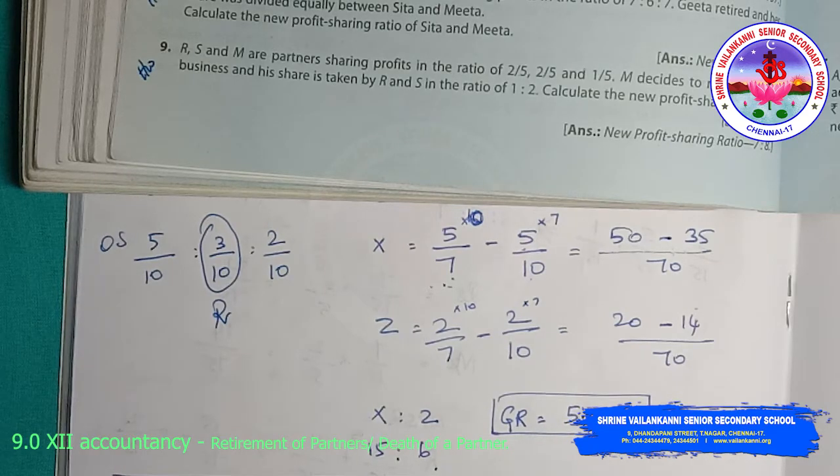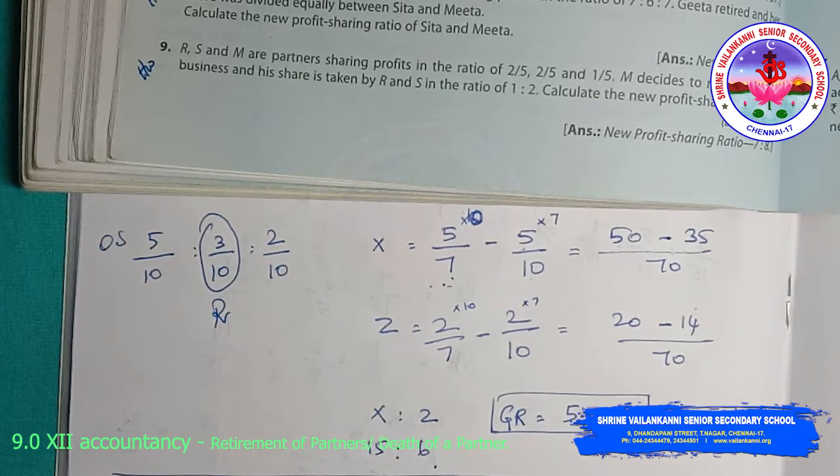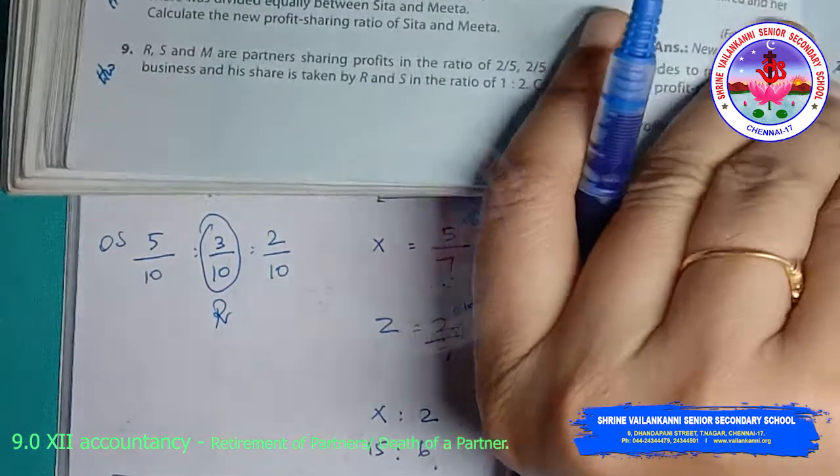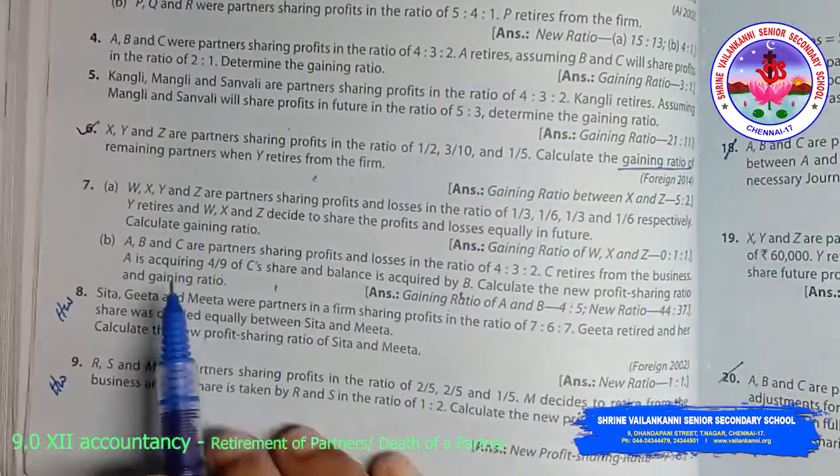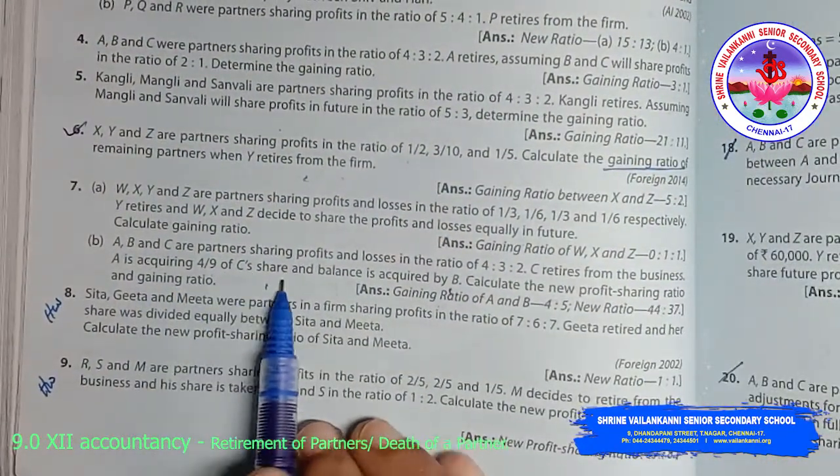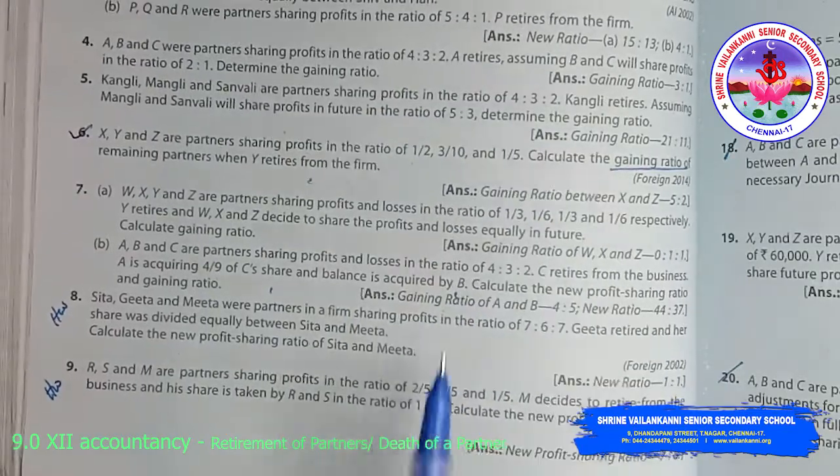That is 2 by 9. Now, what they have given in the problem is that this C share will be acquired by A, 4 by 9 of C's share, and B the balance. This is what is given in the question.